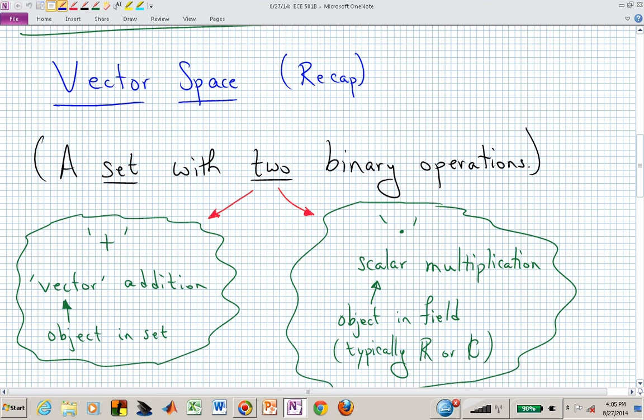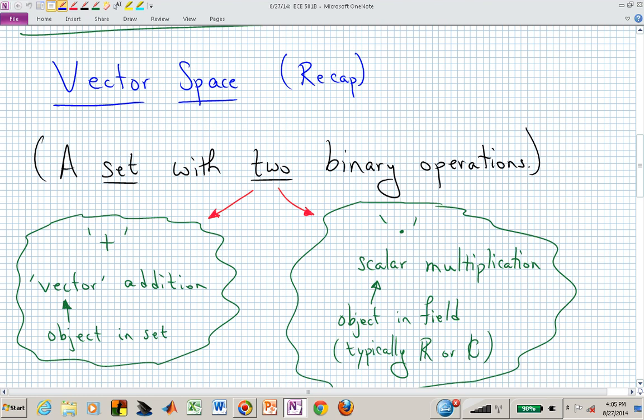One of those binary operations takes 2 pieces from the set and combines those vectors via addition, and that may be conveniently denoted as this plus sign. The other operation is scalar multiplication, and there the scalar is an object from our field that we've agreed to be using in this vector space context.